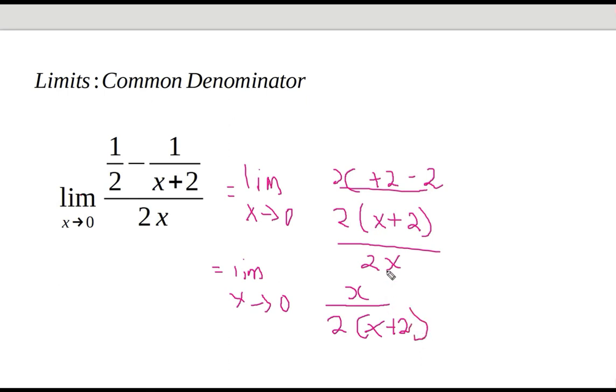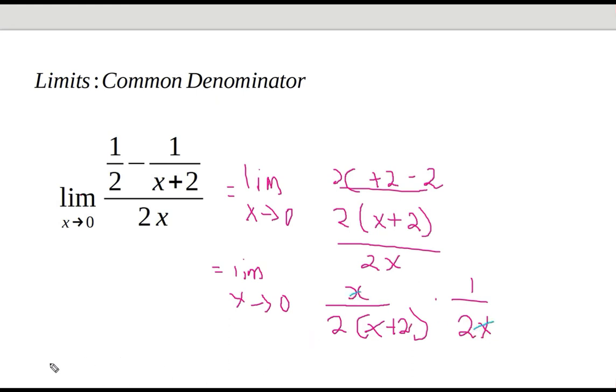We see this 2x here is dividing, so if we bring it here we can multiply it by 1 divided by x. Division becomes multiplication when it moves here, so it becomes times. And now I see that we can cancel x here.